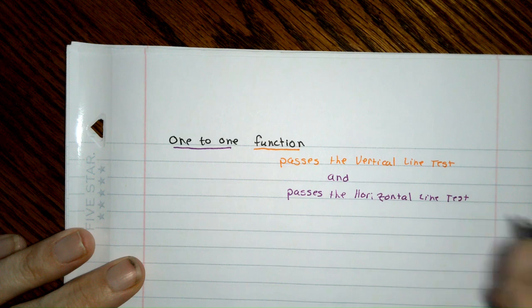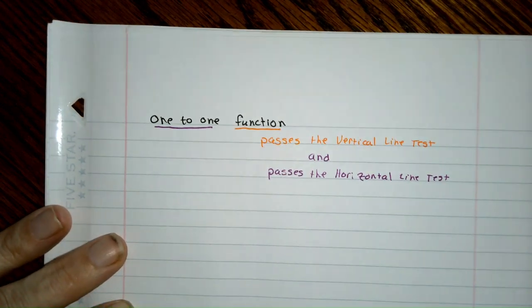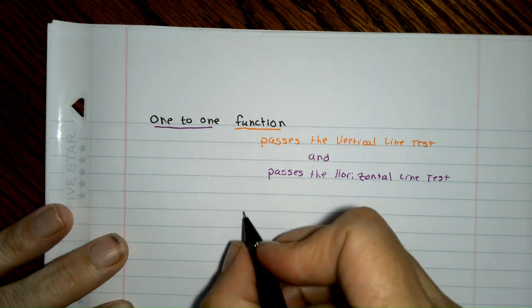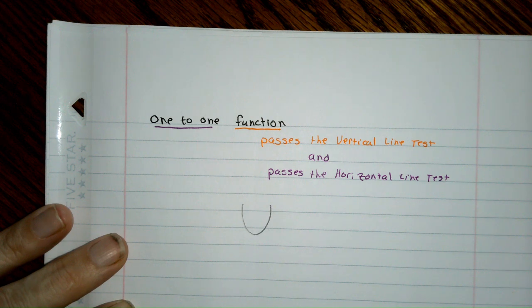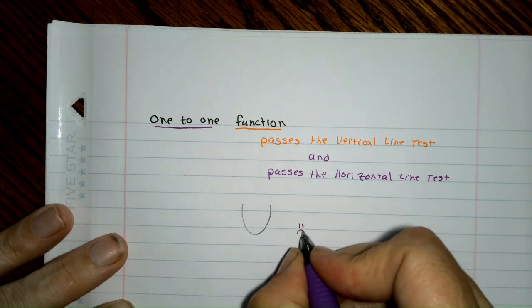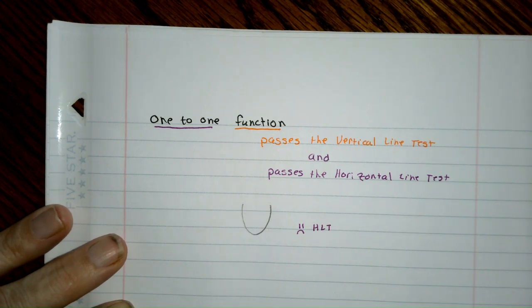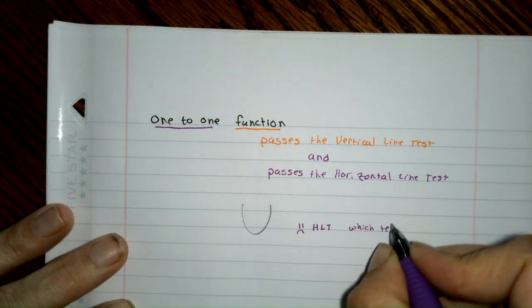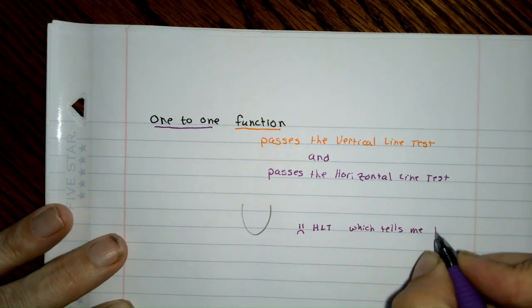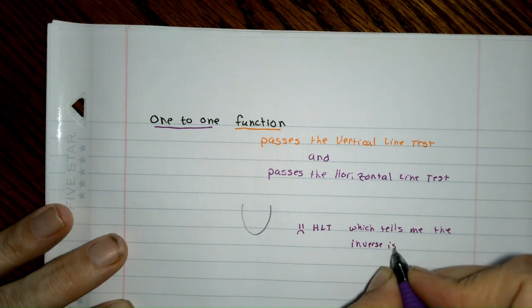The horizontal line test is similar to the vertical line test. It's just instead of vertical, it's horizontal. So when I drew that parabola, it failed the horizontal line test, which tells me the inverse is not a function.